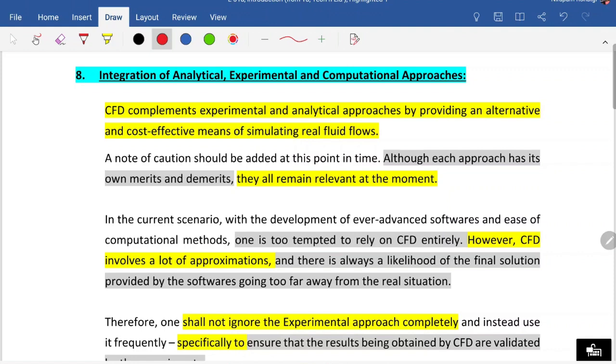So what do you do? You take help of all of them. You can't discard the analytical approach, you cannot discard the experimental approach, and you cannot discard CFD. They have relative advantages as well as relative disadvantages.